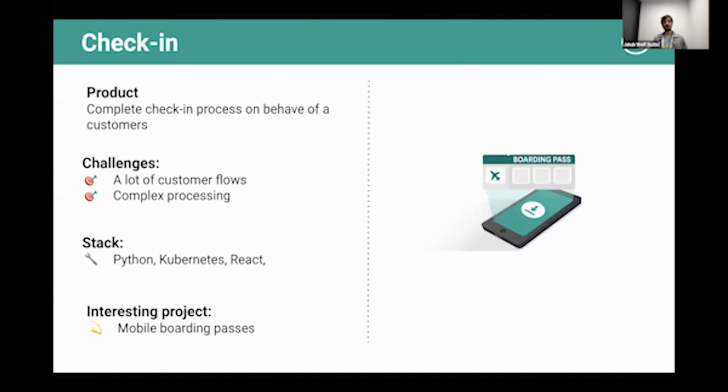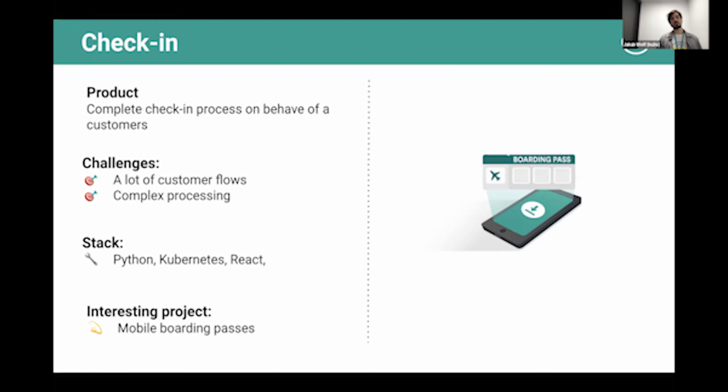The stack is built on top of Python, Kubernetes and React. Due to being heavily pipelined, in terms of how the check-in process works over time, we are using Celery pretty heavily. We even tried serverless sometimes before, although we abandoned it due to some complications, but it's still in consideration, since sometimes it might make sense.